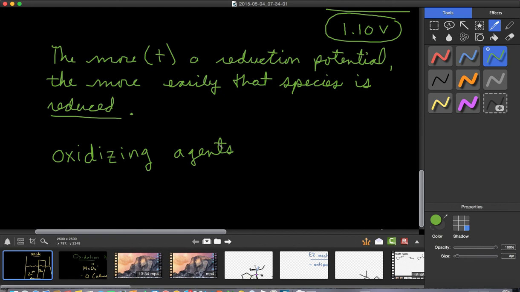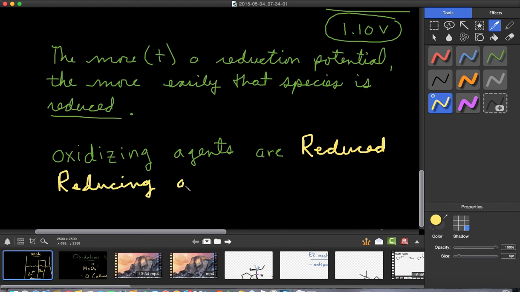So a reducing agent is itself oxidized, while an oxidizing agent is itself reduced. So oxidizing agents are reduced. Reducing agents are oxidized.